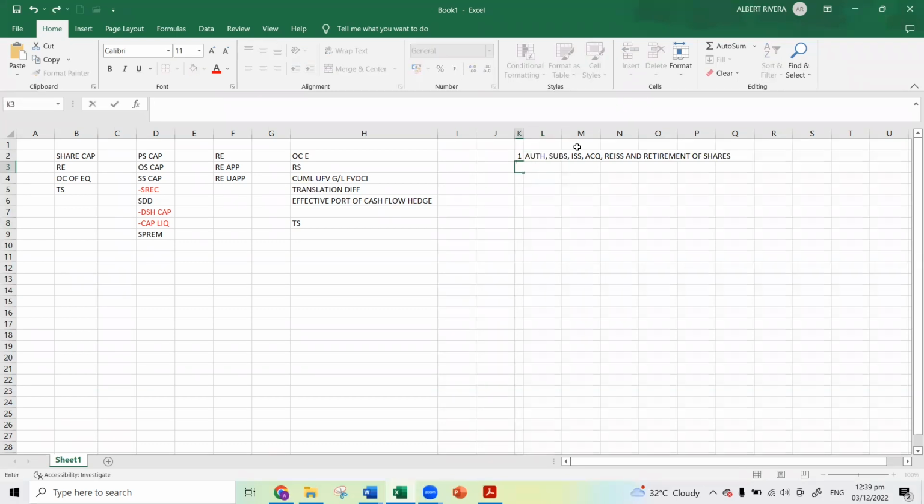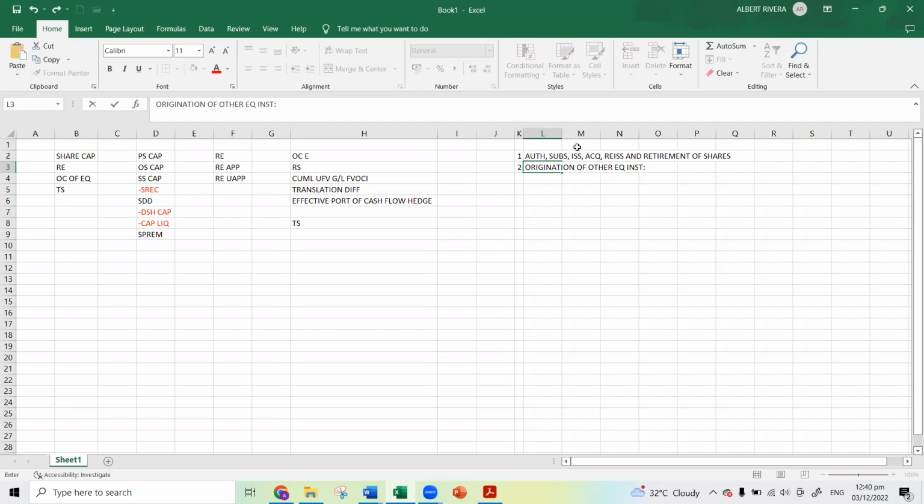The second common transaction is the origination of other equity instruments.